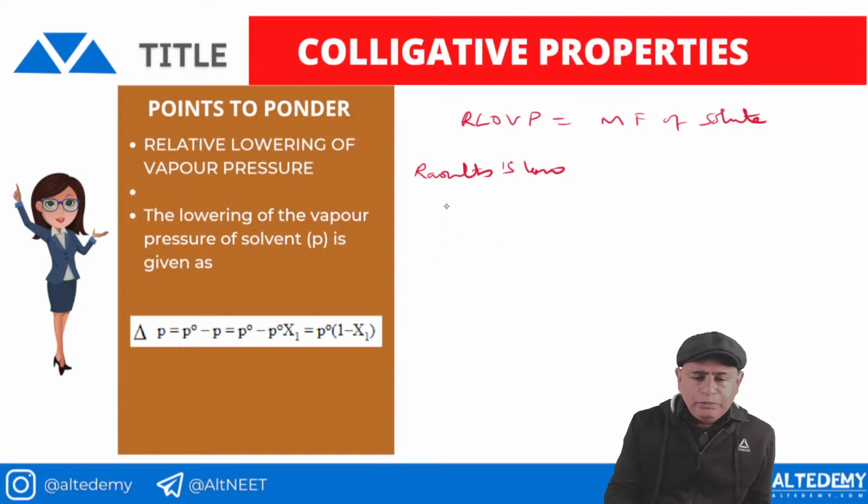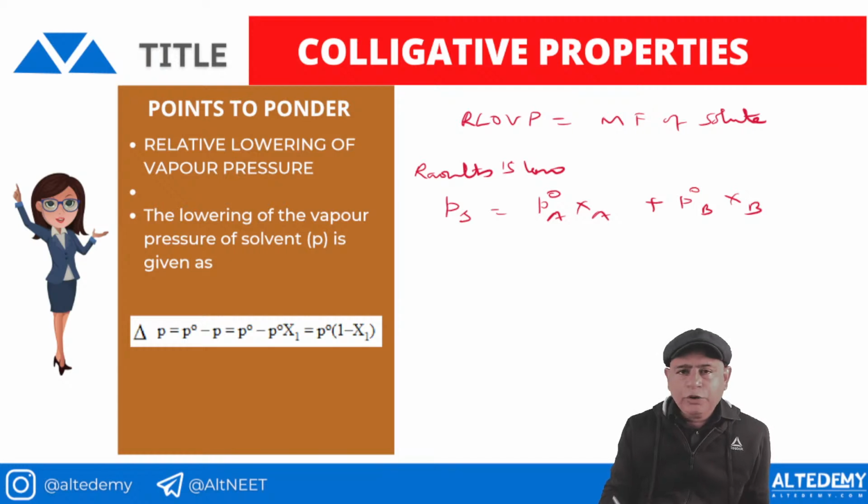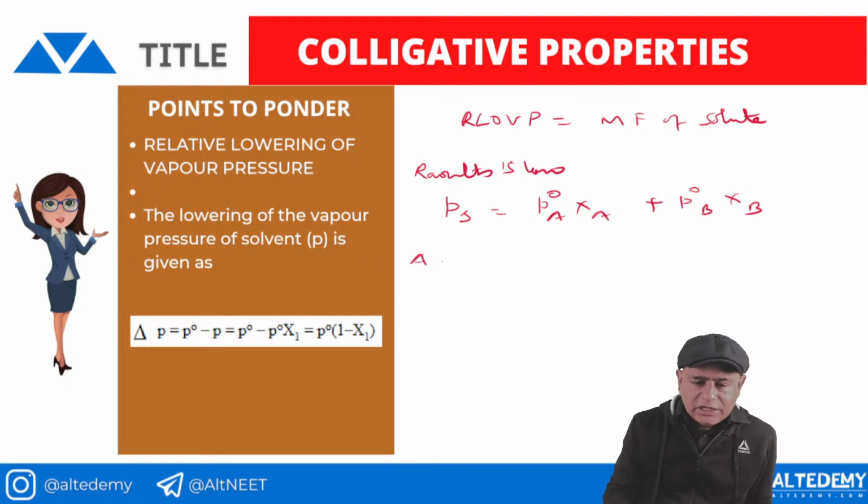According to Raoult's law, PS is equal to P naught A XA plus P naught B XB. This Raoult's law is applicable for two miscible liquids. Let us suppose A is solute and B is solvent.